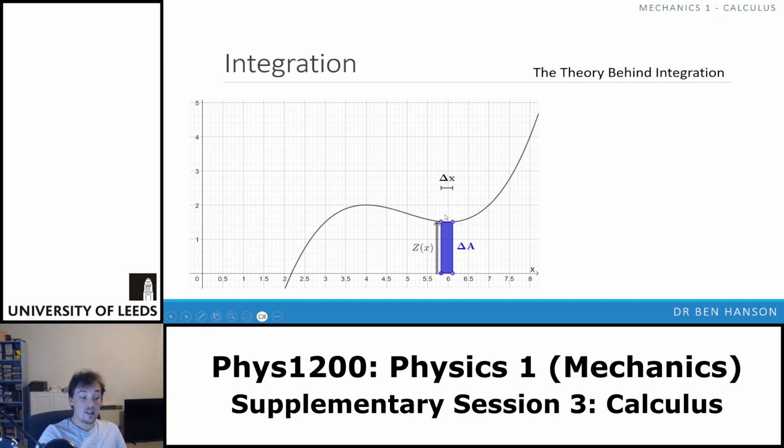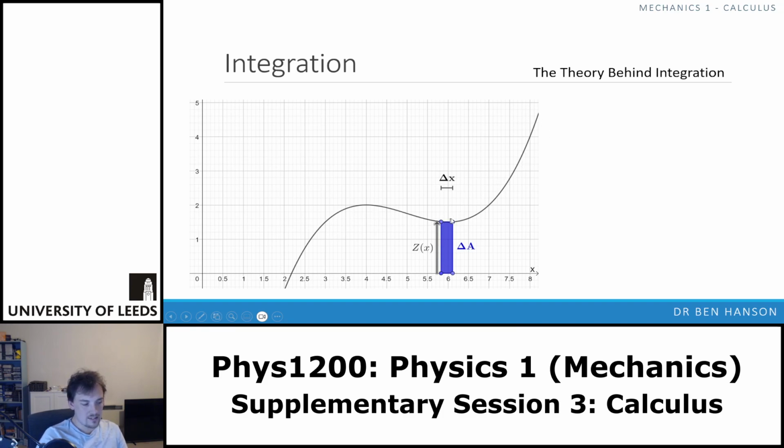But what I want you to think about now is if we're at position x here and we go up to the line, that point there is z of x, right? It's the point z corresponding to that point x on this graph.